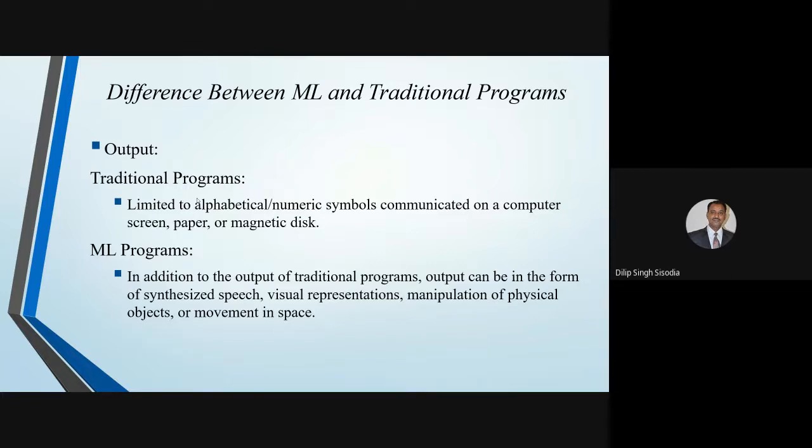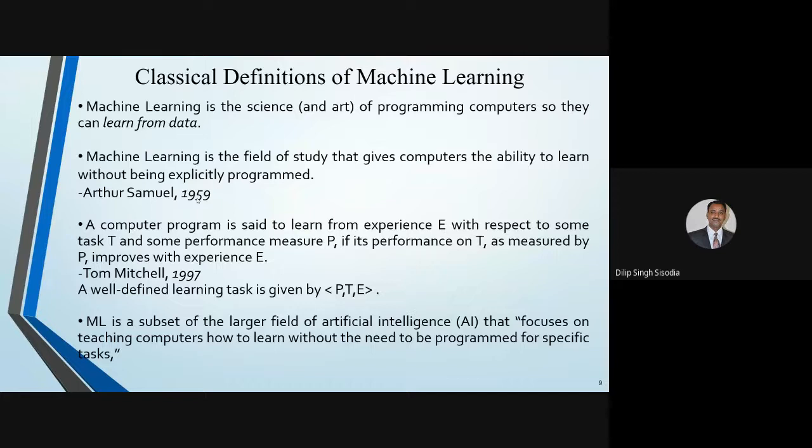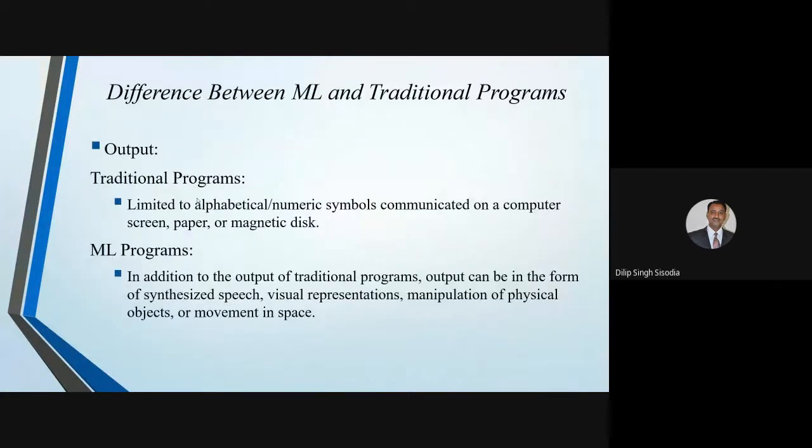We can incorporate these ML programs or ML models in robots, and there are other things which can be incorporated in the output. So this is the fundamental difference between normal programming and machine learning.